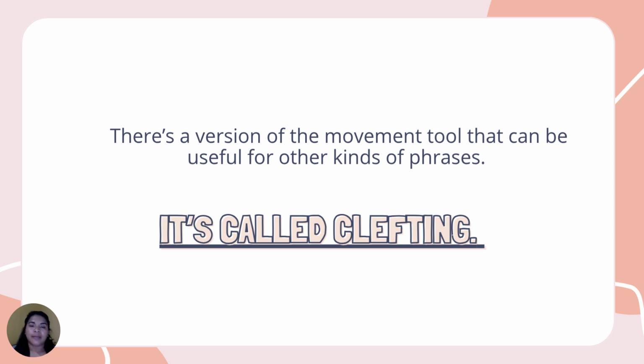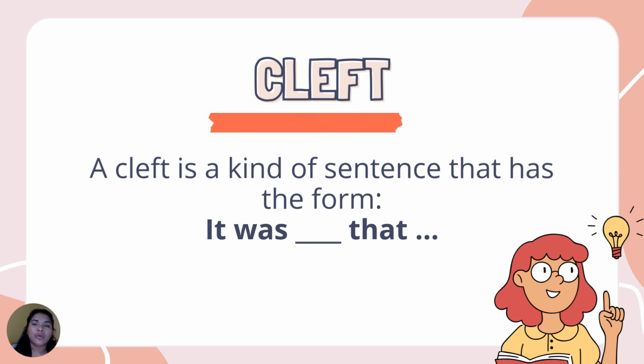It's called clefting. To make a cleft sentence, we follow this formula: it was, the word that is underlined, plus that, and then the rest of the sentence.